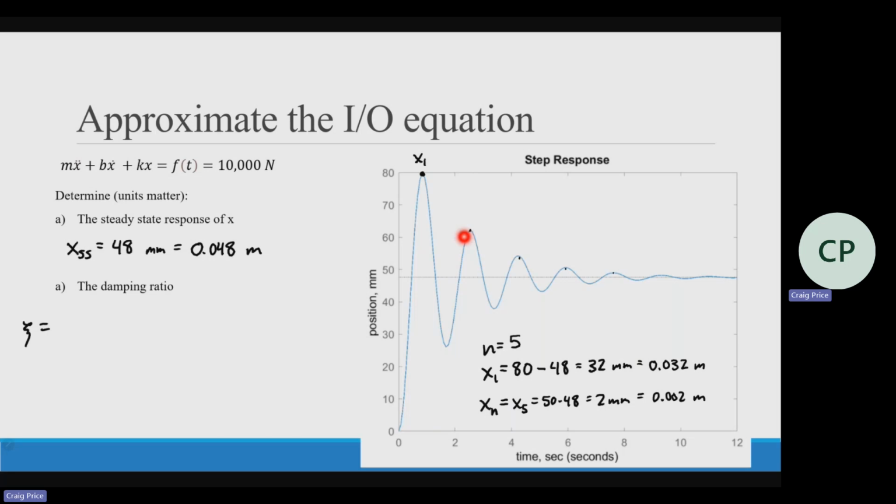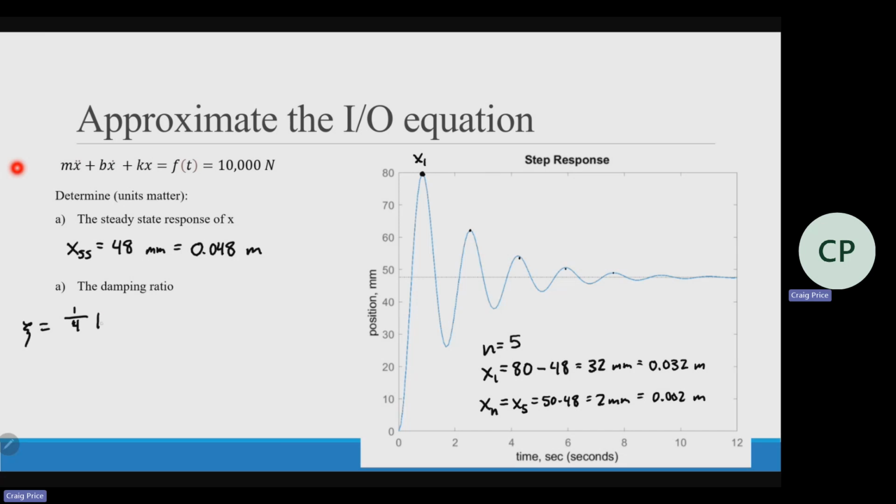So if I'm following, this is n minus 1. So the equation is 1 over n minus 1. So that is 1 over 4, because we have 5 minus 1.